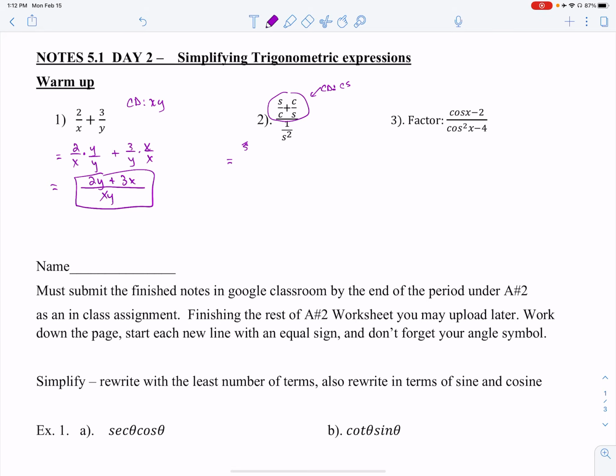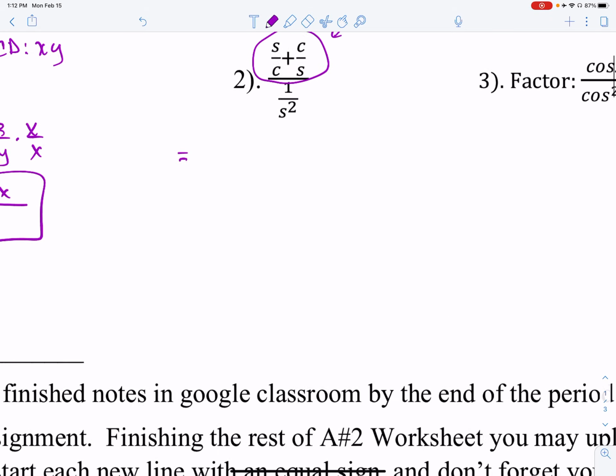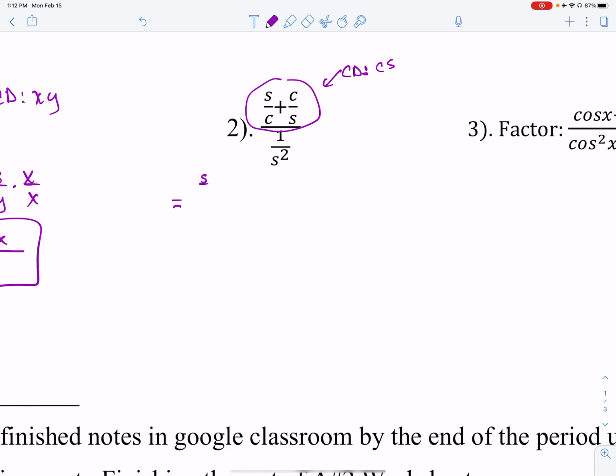So we have s over c, which we need to multiply by s over s, plus c over s, which we need to multiply by c over c, and that's all over 1 divided by s squared.